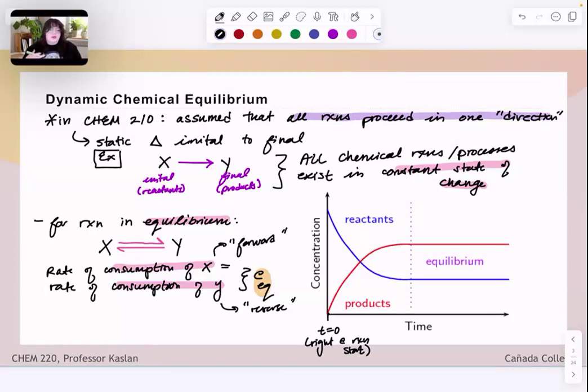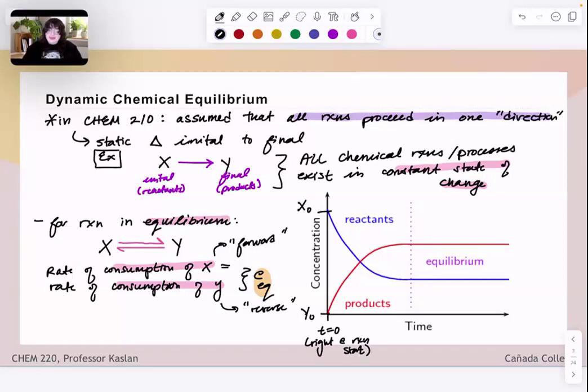So we have some quantity of reactant here, let's call it X initial. And then down here, we have some amount of product, Y initial, and notice this is equal to 0 because the reaction has not yet begun.